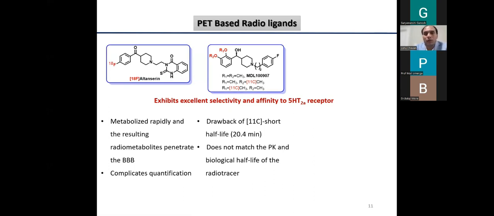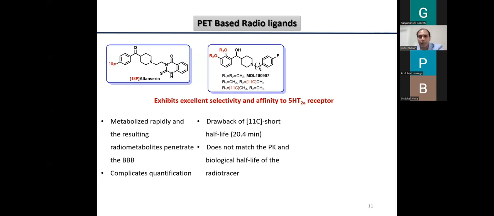But the problem with this radiotracer is, as I said earlier, that C11 has a 20-minute half-life. This half-life does not match its biological half-life. It means that with 20 minutes, if you inject this molecule into an animal or human, it decays before reaching its target.